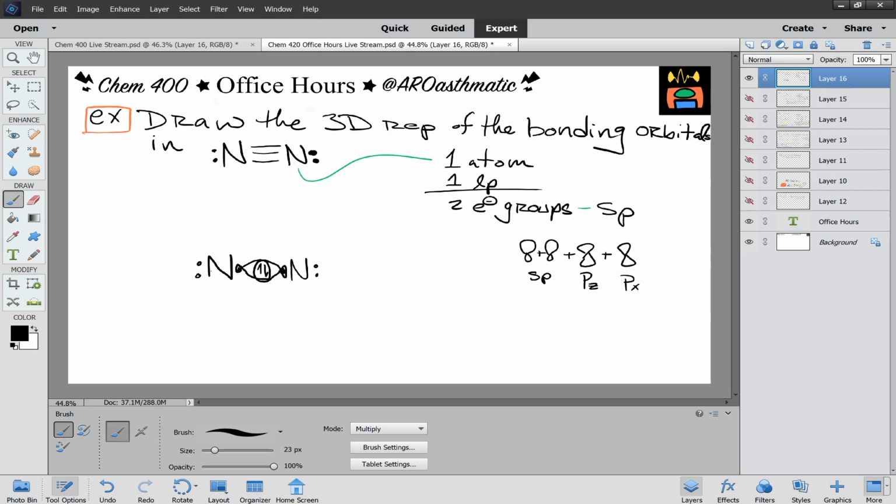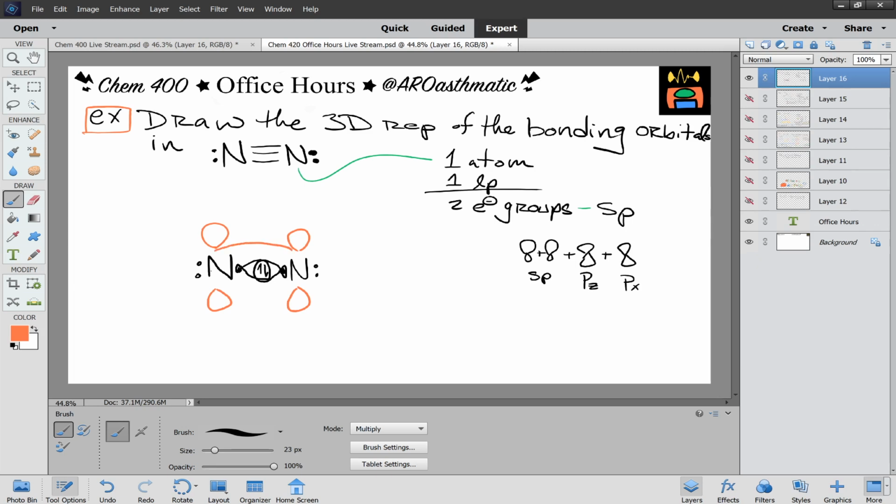Now here we're dealing with a triple bond, all right? We've got 3 bonds to make. Our first one is made through direct orbital overlap with our hybrid orbitals to make that sigma bond. Next, we need to form our second bond, or our first pi bond, through the indirect orbital overlap of 2 of our unhybridized p orbitals.